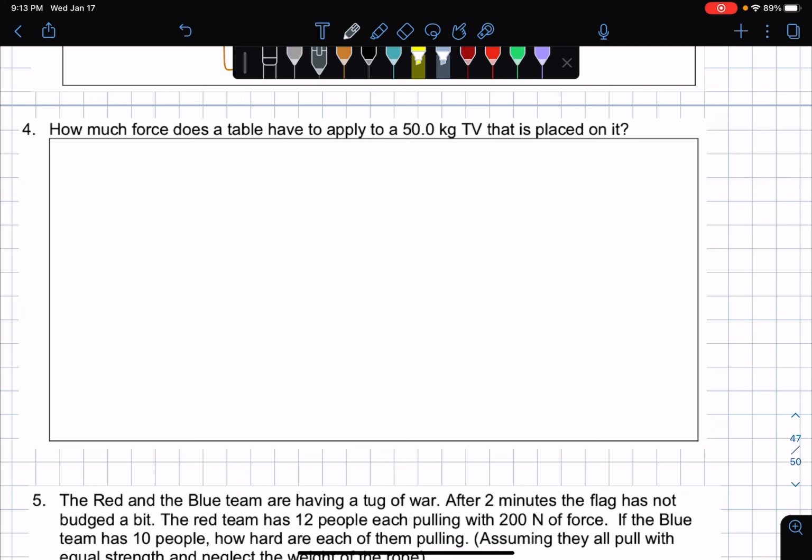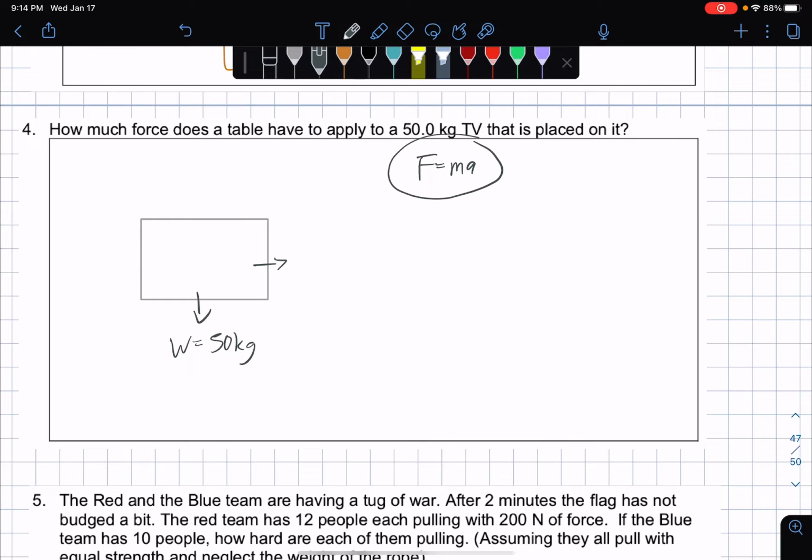Let's calculate how much force a table has to apply to a 50 kilogram TV that is placed on it. Okay, so the weight is 50 kilograms. If we're supposed to look for force, I suppose we use this formula.